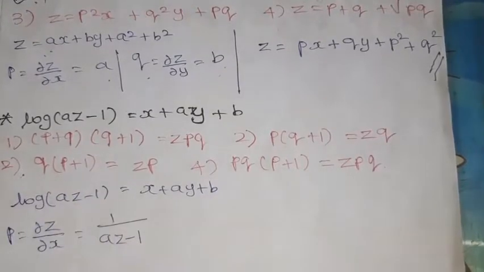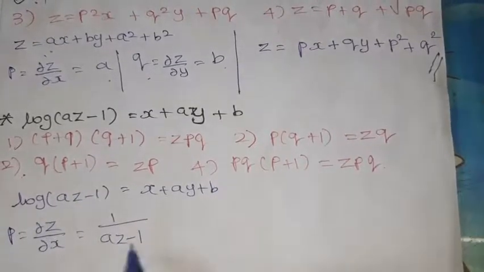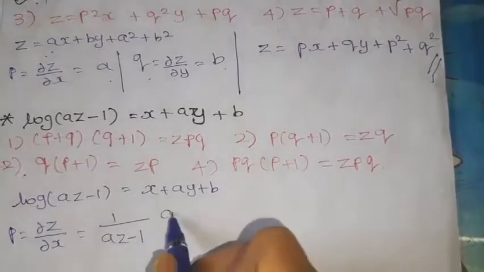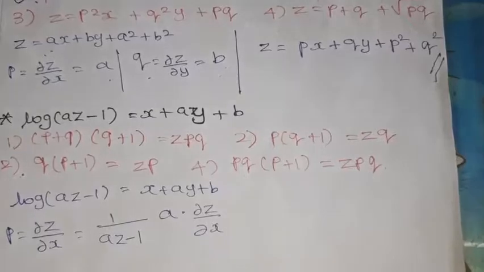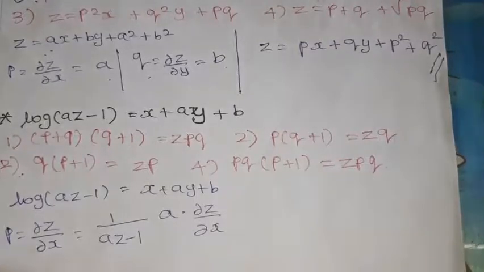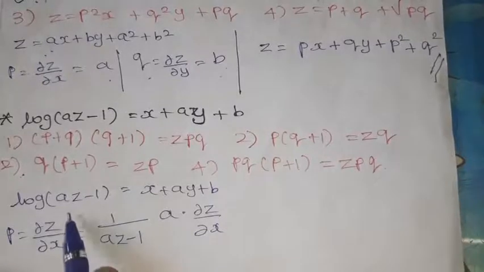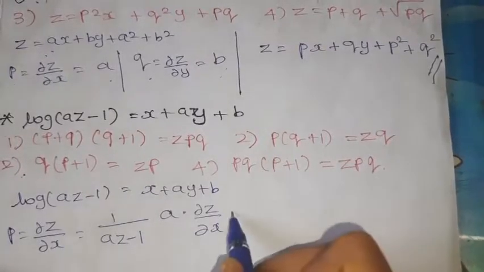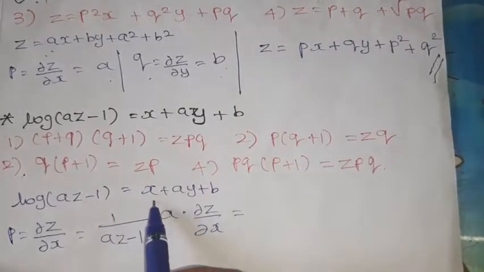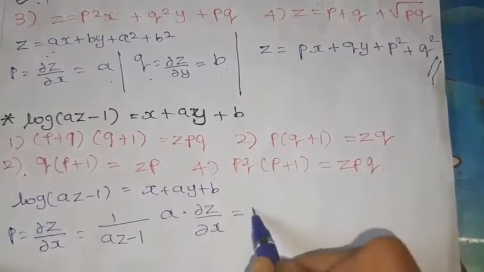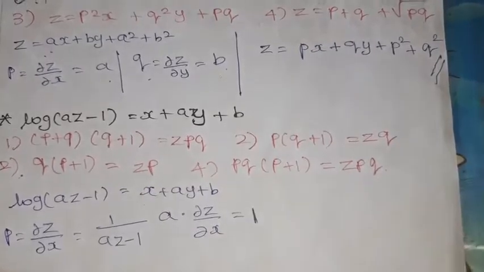In place of z, again differentiating az, we will get a only and dou z by dou x, because we are differentiating with respect to x only, right? Dou z by dou x equal to, what is that? Differentiating x with respect to x, we are getting 1 only. So this is 1.